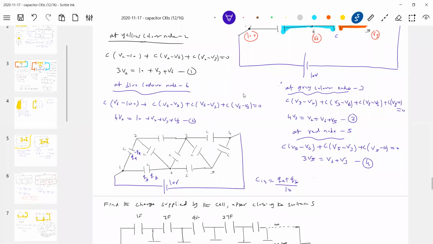QA should be 10 minus V2 into C. What is QB? 10 minus V6 into C.